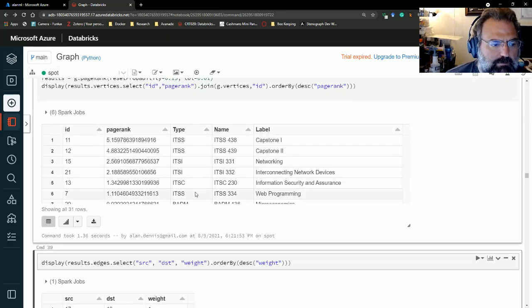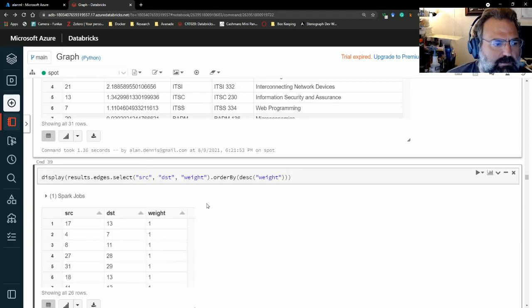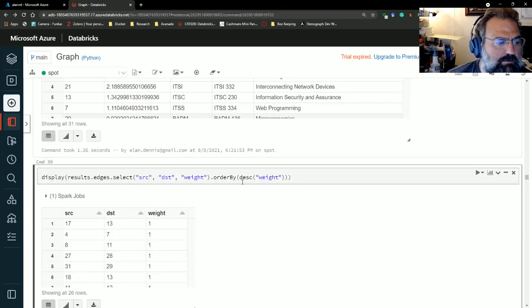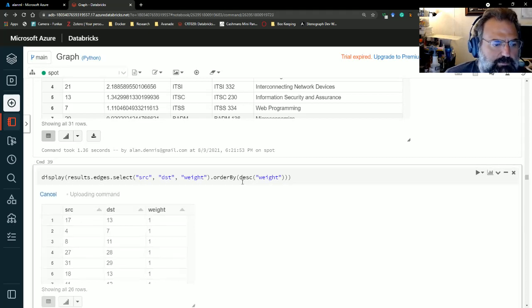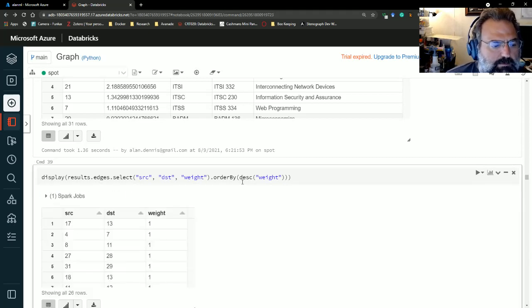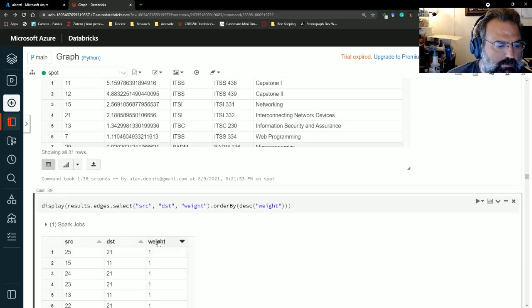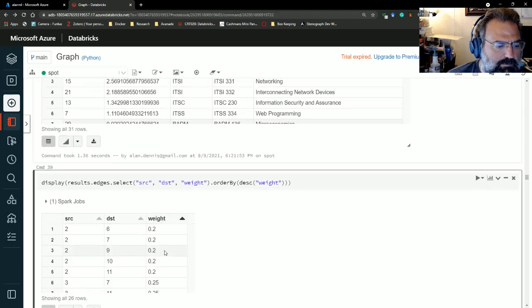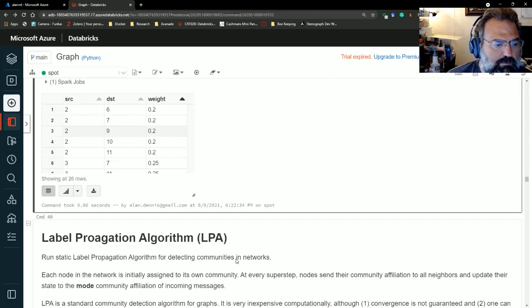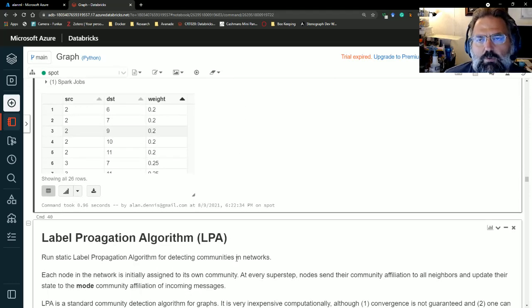In this case, it ran really quickly because it's a small graph. If it was a larger graph, it could take longer. And here we're taking a look at the weights between the various edges. The weight goes from 1, which is the most important, to smaller values, which are not so important. So it's a way of associating how important a given page or edge might be in your graph.